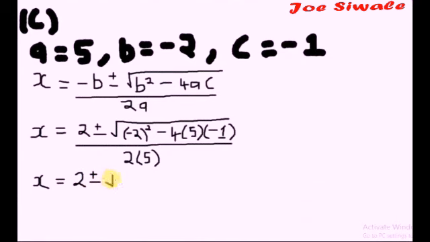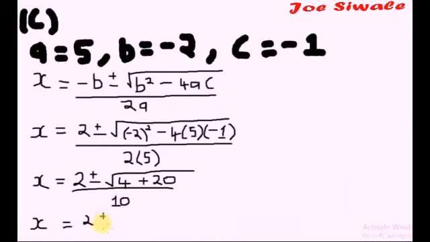Then x equals 2 plus or minus the square root of 2 squared, that's 4, then negative 4 multiplied by 5 multiplied by negative 1, that's 20, over 2 multiplied by 5, that's 10. So x equals 2 plus or minus the square root of 4 plus 20, that's 24, over 10.